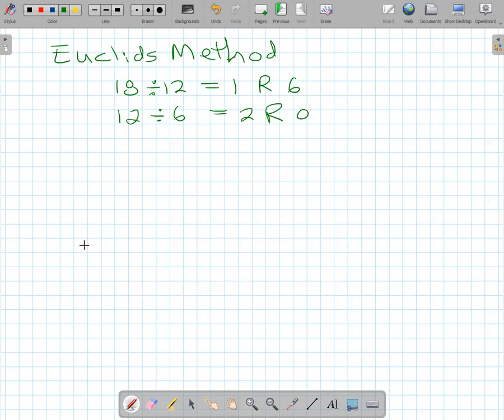Sometimes it takes more than 2 steps, but once you hit that remainder of 0, the previous remainder has to be the greatest common factor. So 0 is that flag that says, yo, that's good right there.